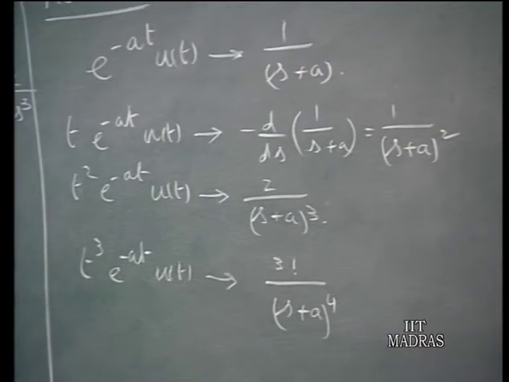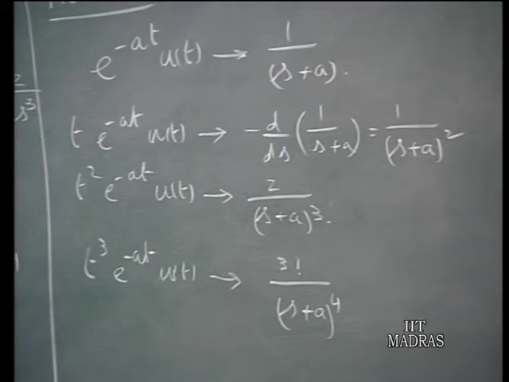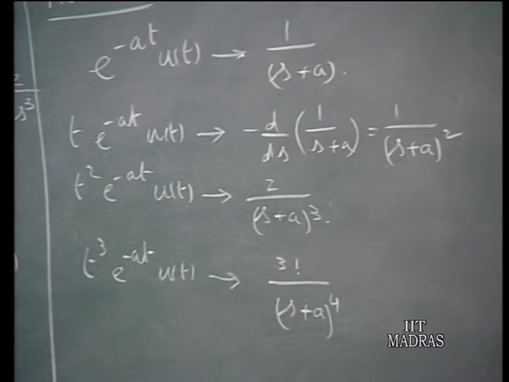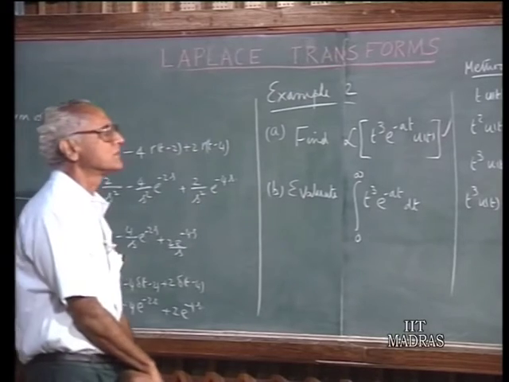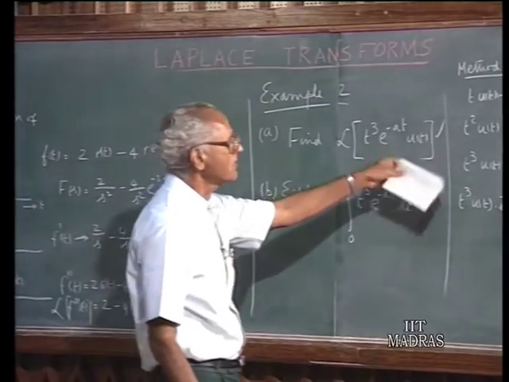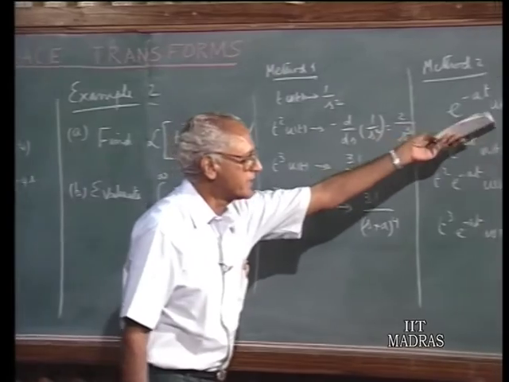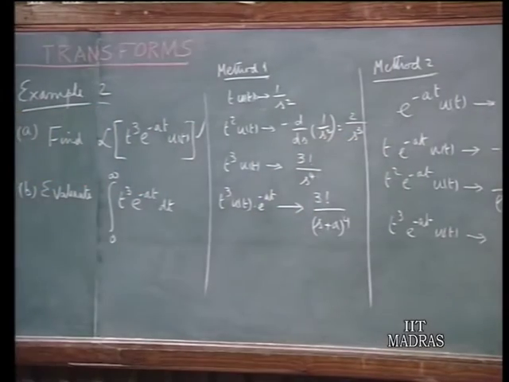So, that is the same result that we obtained earlier. We worked this problem out taking 2 different approaches, starting with the Laplace transform of t cubed u(t) first, or the Laplace transform of e to the power of minus a t first. As I said, these are 2 alternative ways of doing this.